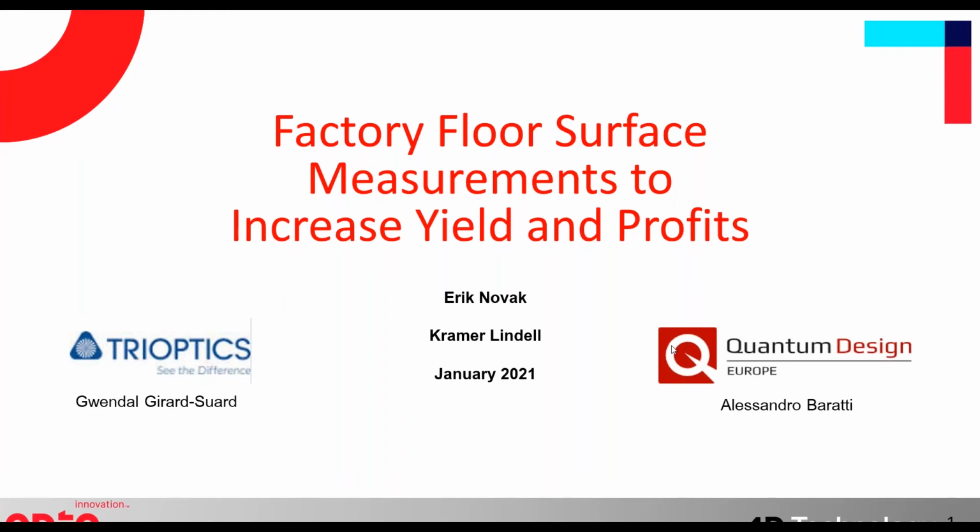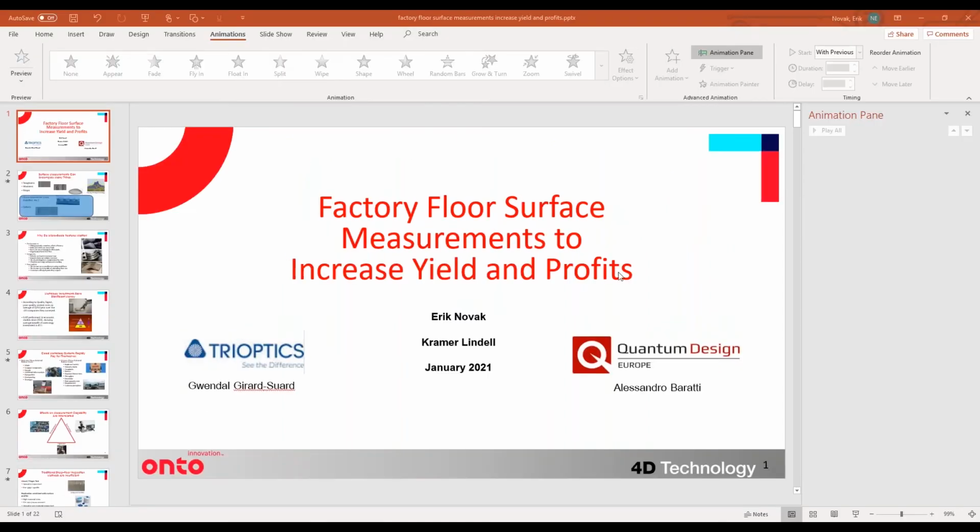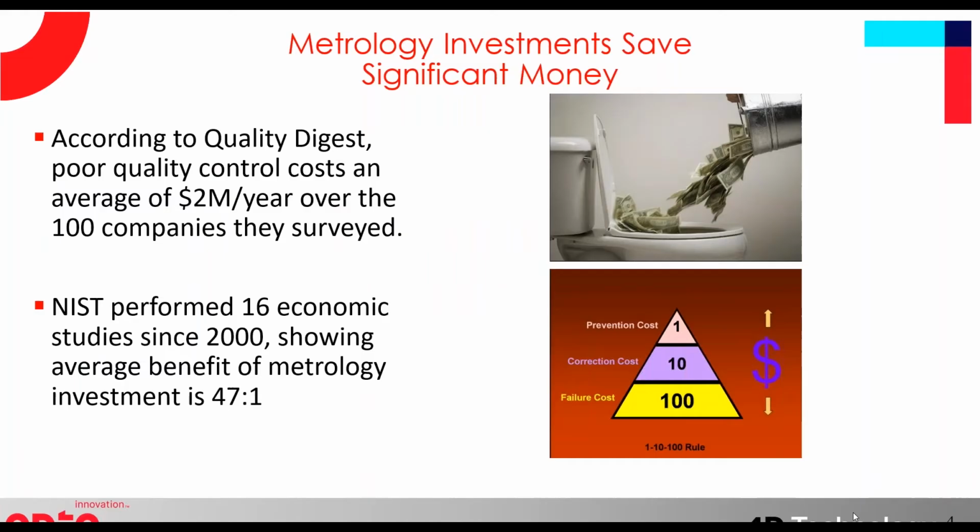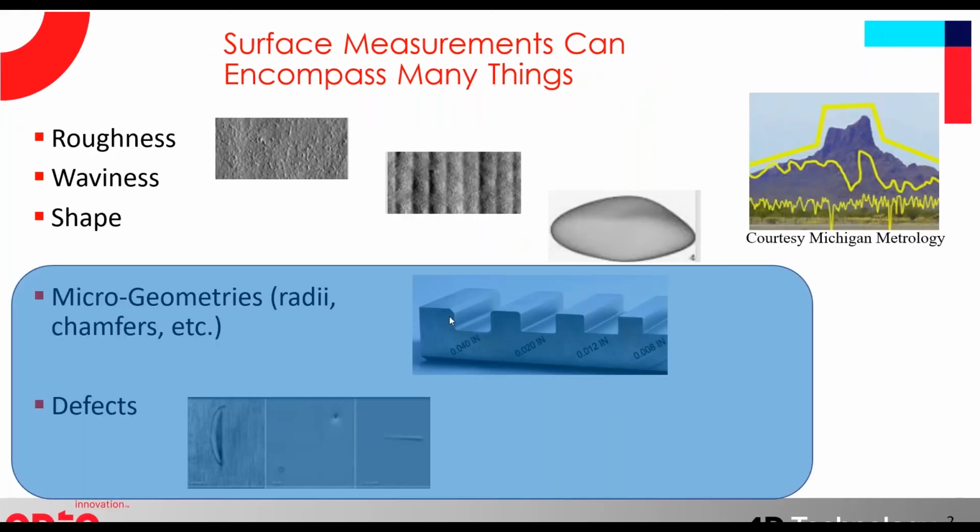Surface measurement can encompass many different things, including roughness, waviness, shape, microgeometries, and defects.